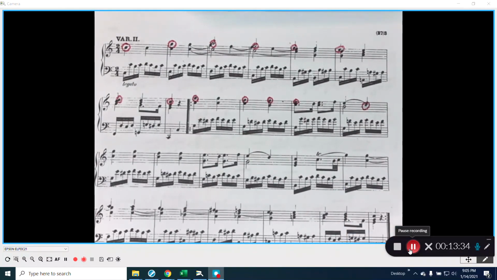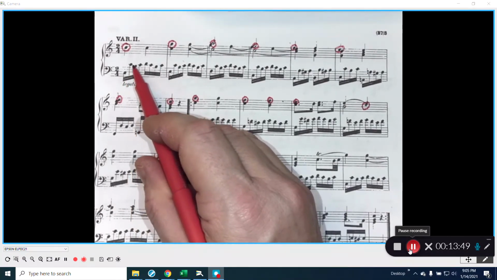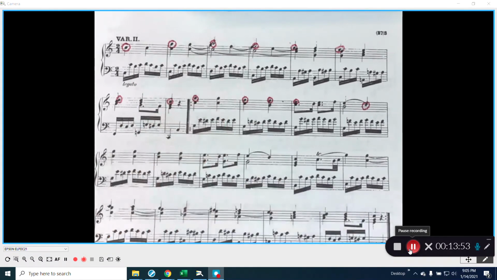What we see here is the simple accompaniment is now woven out. Okay, it's spun out. And if we really look at how the accompaniment is spun out, you can see the tonic pitch and then a lower neighbor tone and an upper neighbor tone.